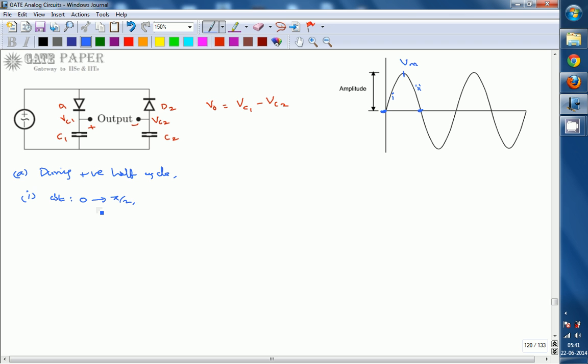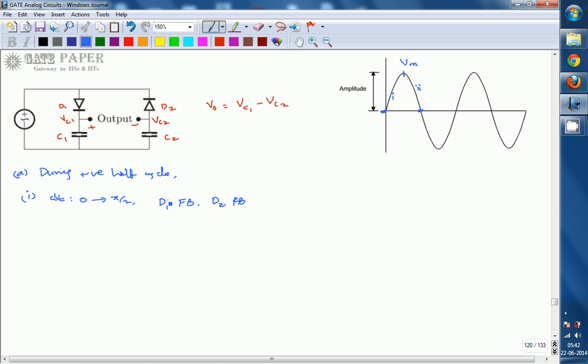By that time V input is increasing from 0 to Vm, and that applies positive voltage to diode 1 as well as diode 2. But this voltage makes diode 1 forward biased and diode 2 reverse biased, because for diode 1 you are applying positive voltage on the P side, but for diode 2 you are applying positive voltage on the N side. Okay, and we assume that the diode is ideal, so the forward resistance of the diode is 0.